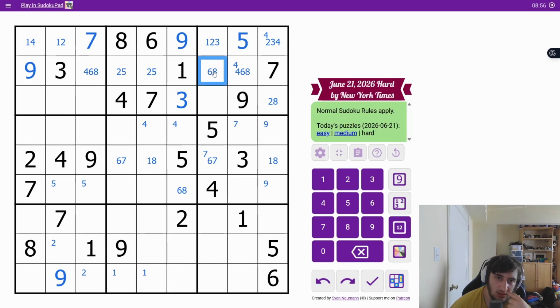So this being a 6 causes that to be an 8.